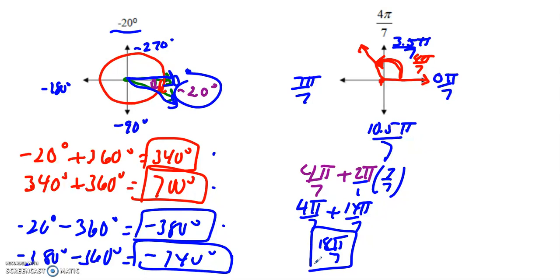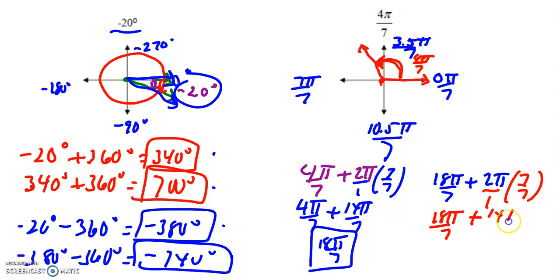If then we wanted to continue with the positive angles, we would have to start with 18 pi over 7, because that's where we just landed. We would add another 2 pi to that. Again, this is really 2 pi over 1, so we'd multiply this by 7 over 7, 18 pi over 7 plus 14 pi over 7. 18 plus 14 is really 32, so 32 pi over 7 would be my next positive coterminal angle.